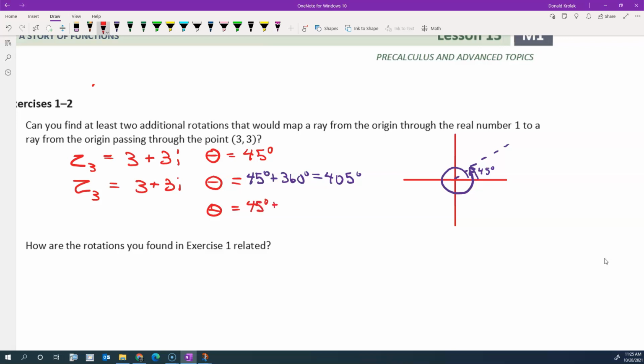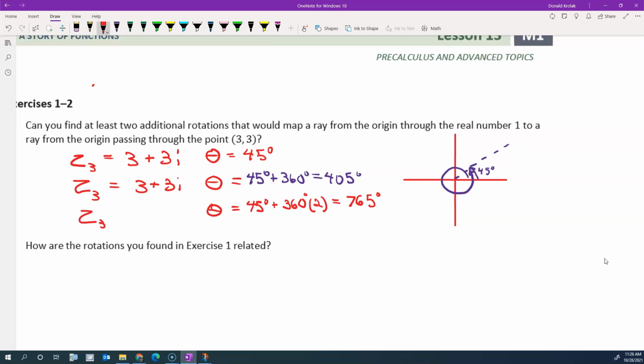Yeah. 315 counterclockwise. Well, no, let's stay counterclockwise. 765. Wait, I got it. Man, you are on fire today. Okay, 765. So there's an infinite number.